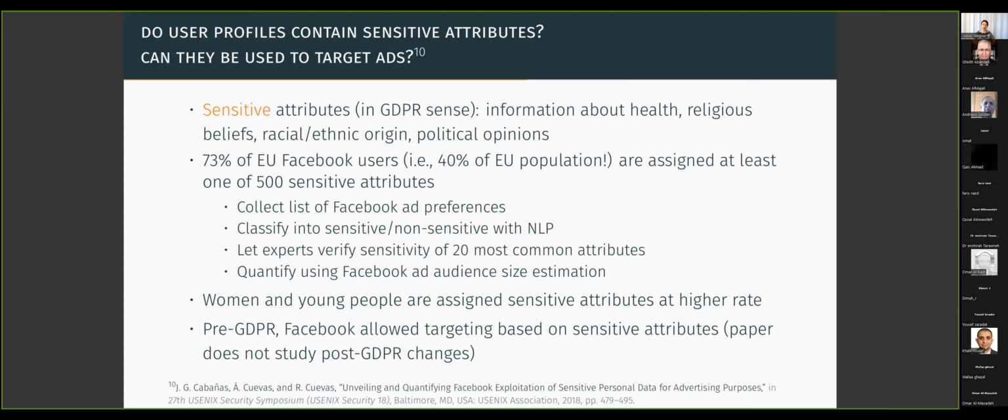And then couple that with the result that these sensitive attributes are targetable. So if you're an advertiser, you can say, I want to target this ad only at people of this particular religion, or only at people with this particular health condition. This is really quite powerful.